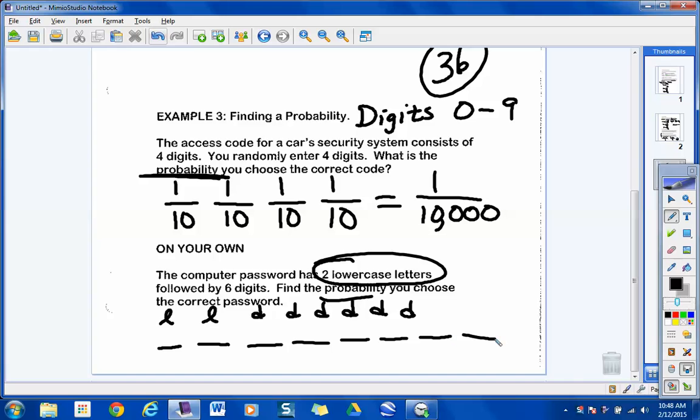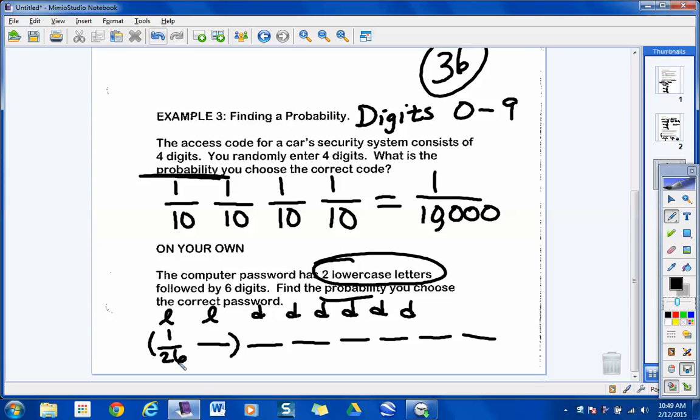Okay, so these first 2 right here really represent my 2 letters, right? Like my password would probably be JP. 2 lowercase letters, right? Okay, so what's the probability I'm going to get this first one right? You told me the number. 26. So there's a 1 out of 26 chance I get the first letter right. Would we all agree with that?